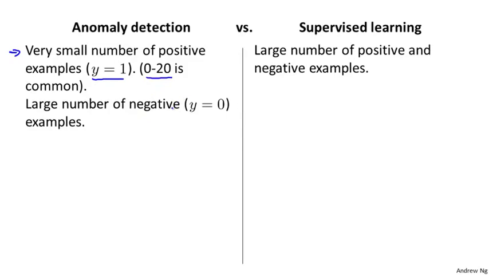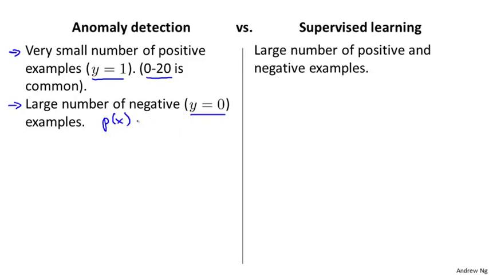And in contrast, in a typical anomaly detection setting, we will often have a relatively large number of negative examples, of normal examples of normal aircraft engines, and we can then use this very large number of negative examples with which to fit the model P of X. And so this is the idea that in many anomaly detection applications, you have very few positive examples and lots of negative examples, and when we're doing the process of estimating P of X, of fitting all those Gaussian parameters, we need only negative examples to do that.